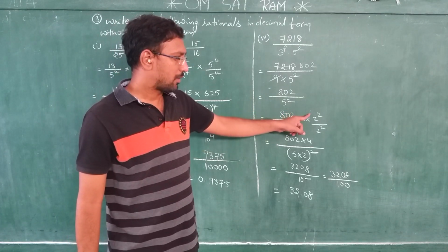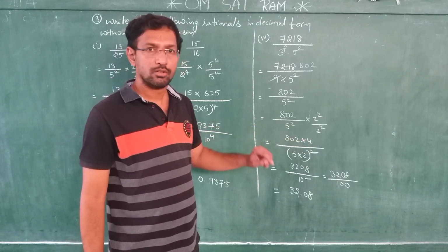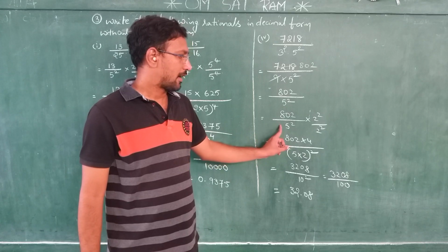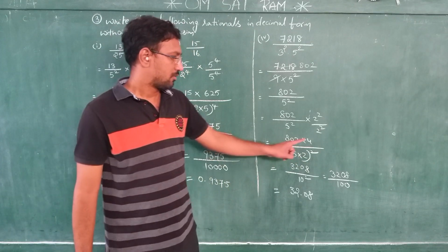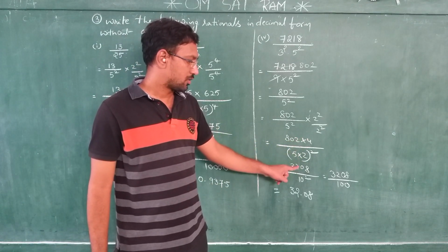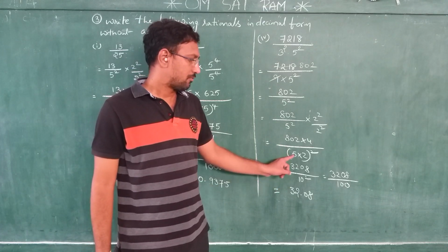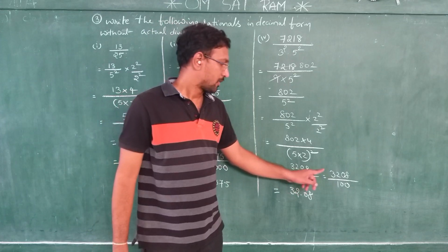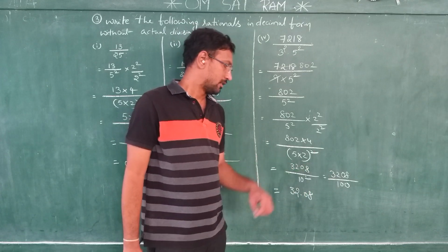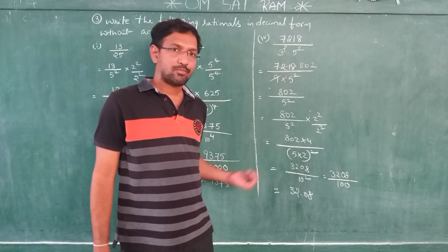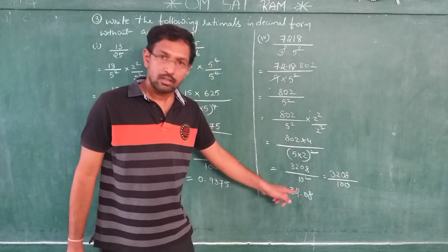We now multiply numerator and denominator with 2 square. 802 into 2 square, value 4, is 3208. 5 square into 2 square is 5 into 2 whole square, that is 10 square. 3208 by 10 square, that is 100. If we divide with 100, the decimal point moves 2 places to the left. So that is 32.08.